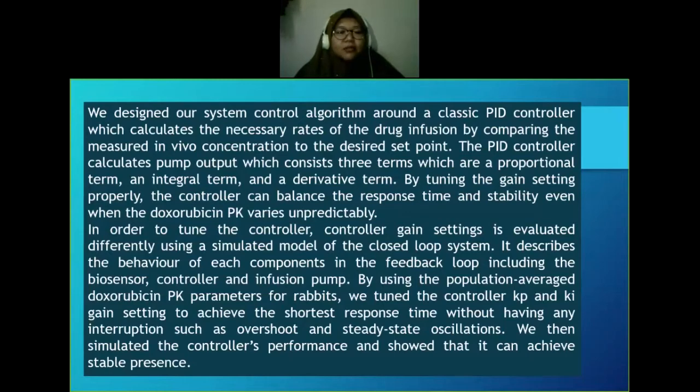It describes the behavior of each component in the feedback loop, including the biosensor, controller, and infusion pump. By using the population average dox PK parameters for rabbits, we tuned the controller Kp and Ki gain settings to achieve the shortest response time without any issues such as overshoot and steady-state oscillation. We then simulated the controller's performance and showed that it can achieve stable performance.